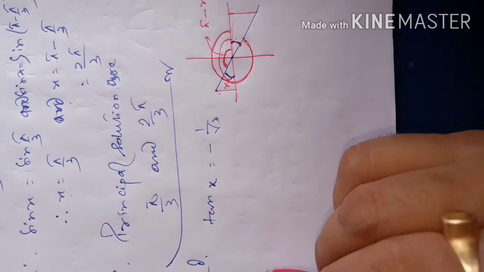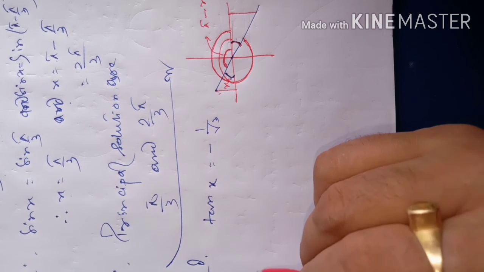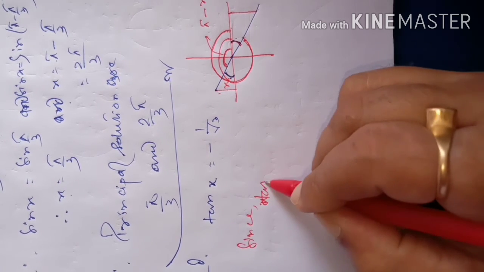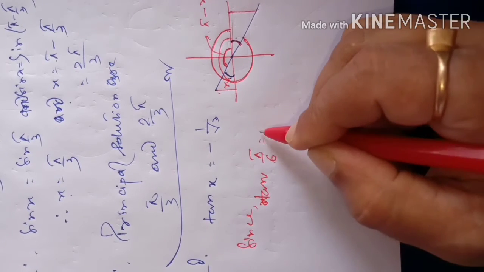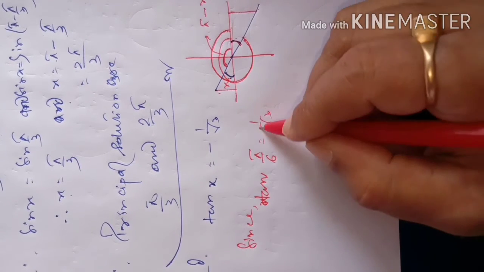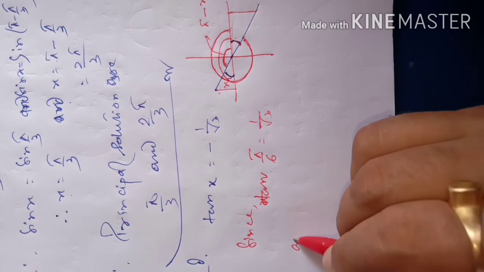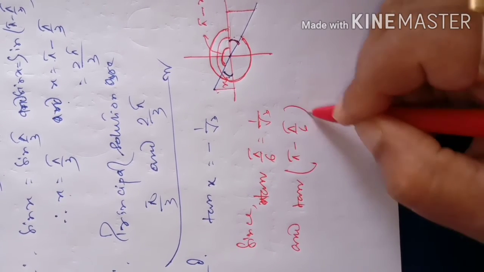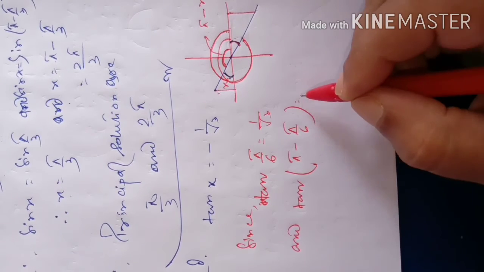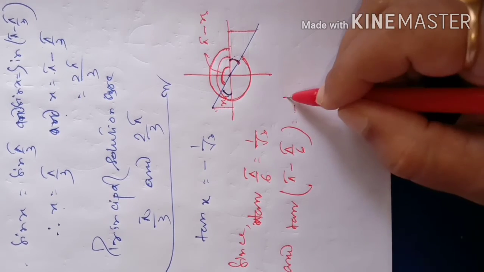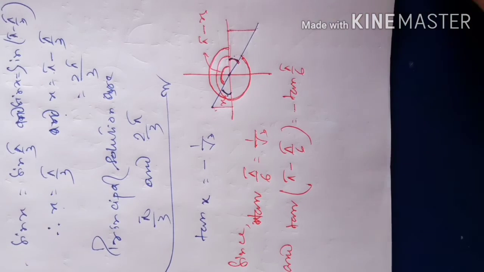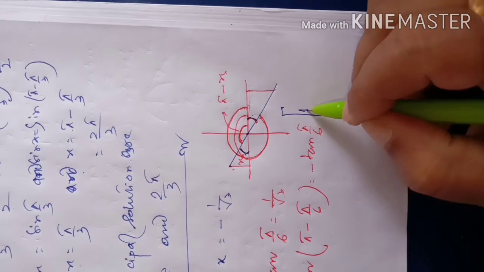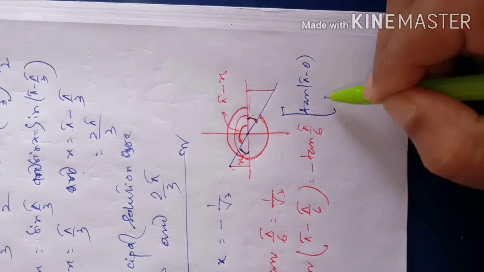So we can say like this, that already we know that tan pi by 6 is equal to 1 by root 3. Tan pi by 6 is 1 by root 3, and for this angle, pi minus pi by 6, it will be minus tan pi by 6, because you recall tan of pi minus theta is equal to minus tan theta.